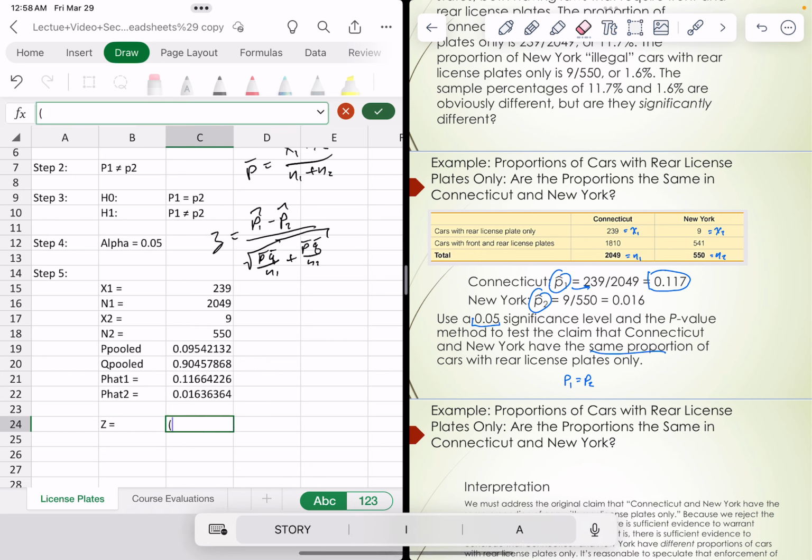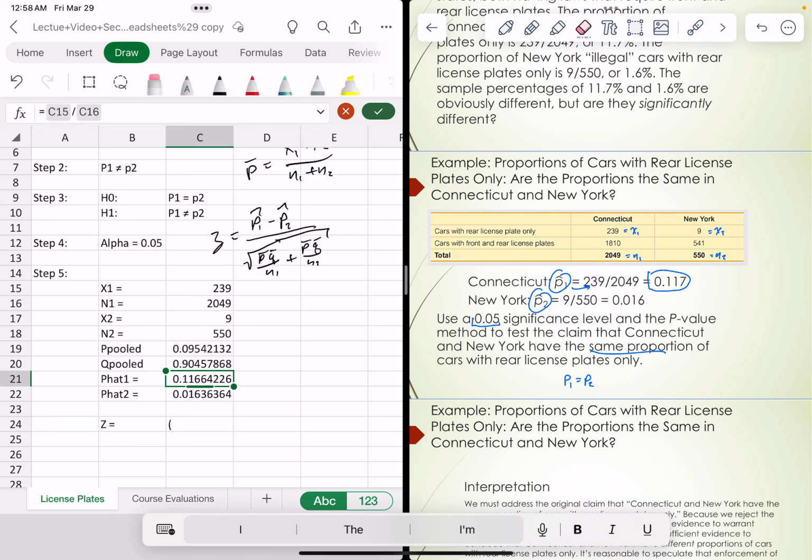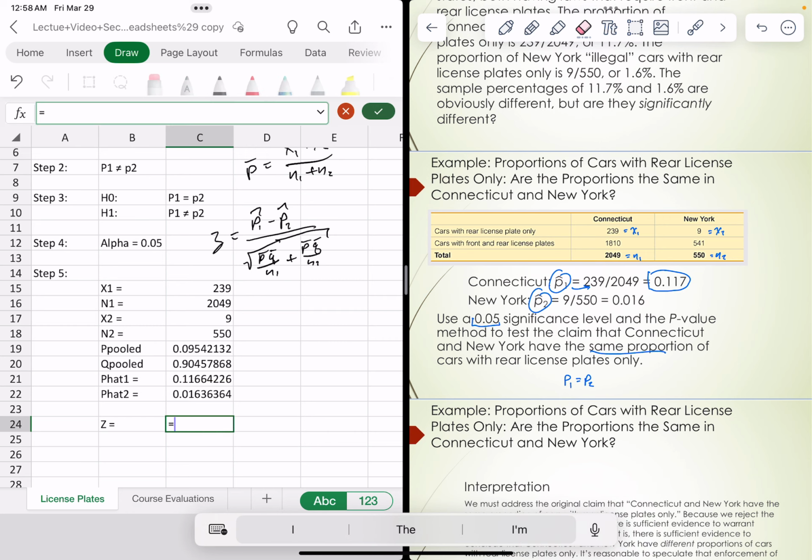So that's going to be Z equals, parentheses, P hat 1 minus P hat 2, close parentheses, divided by what?